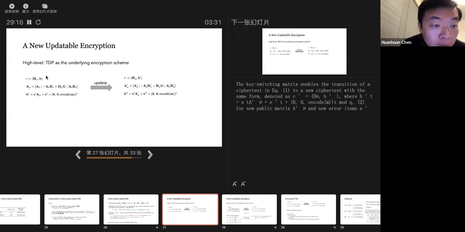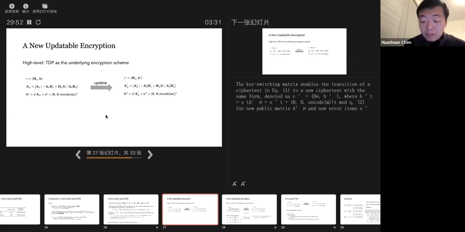For a ciphertext C equals A mu B here, our goal is that we want to update it to a same form C prime. The ciphertext header is H mu, and the new ciphertext body B prime has the same form as the previous ciphertext body, but under a new matrix A mu prime here.